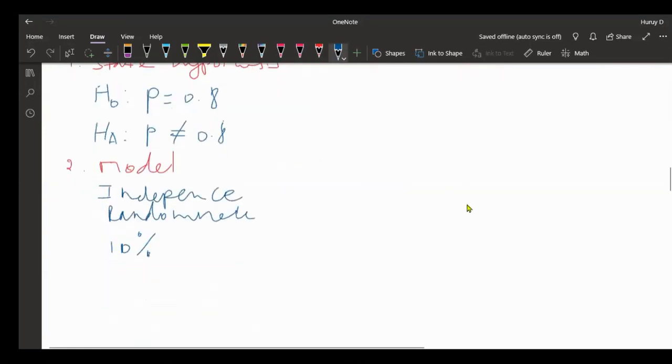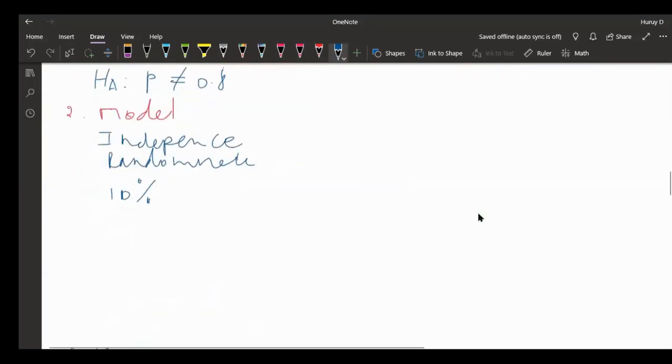And the last condition is the success failure condition. Remember from confidence interval, n times p, which in this case is, n is 90, and p is our p sub naught, which is the claimed value, so 0.8.